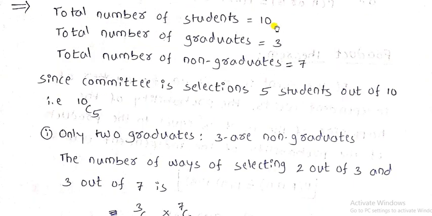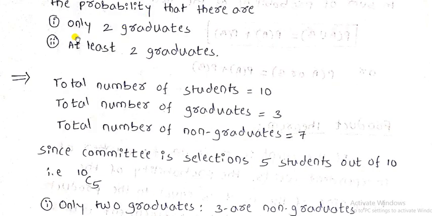Out of 10 students we will choose 5 students and make a committee, and it is denoted as 10C5.